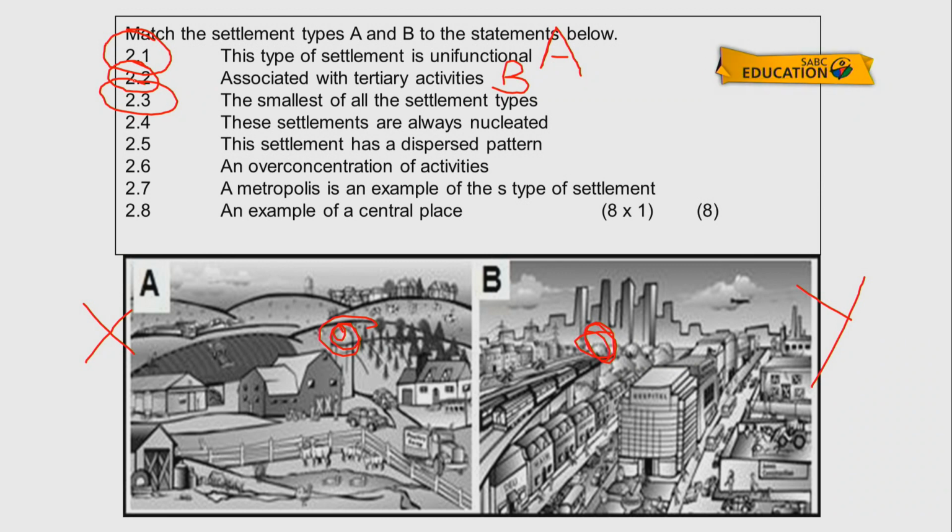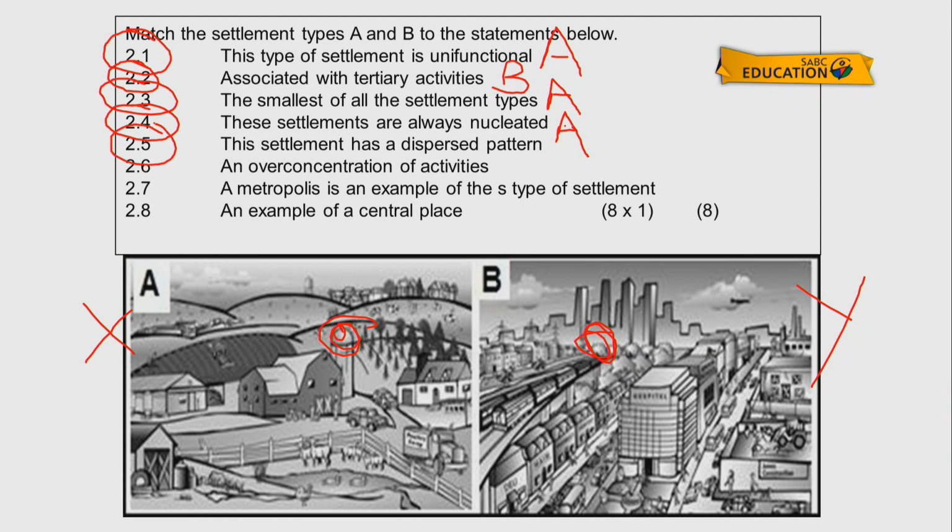If A is a rural, then that should be the answer for question 2.3. 2.4, this is a pattern question which I'll be dealing with in a lot more detail in the second of the lessons in terms of describing rural settlement patterns. But nuclear means close together, dispersed means far apart, and when you looked at the isolated farmstead, that would be a rural area and it corresponds to picture number A.